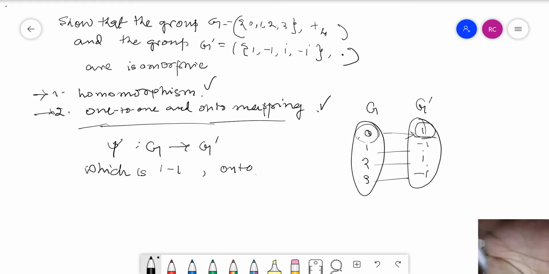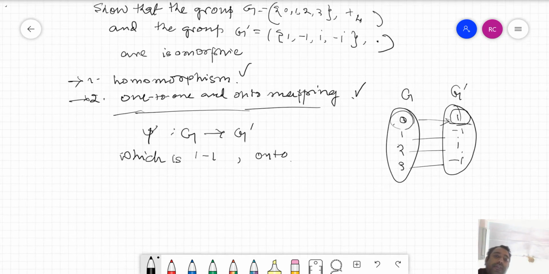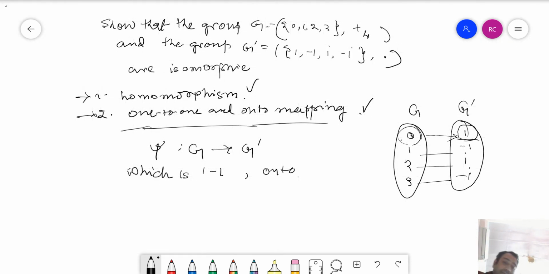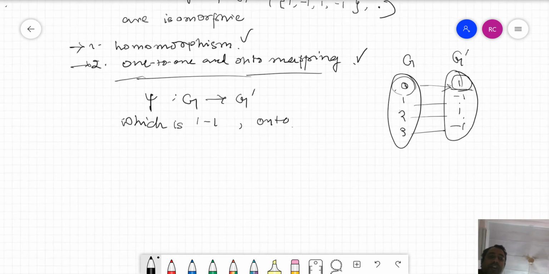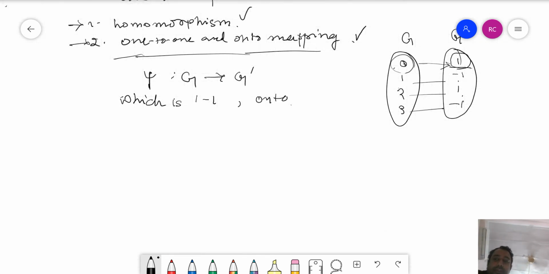So how do we figure that out? We figure that out using the chart we create to find the order.